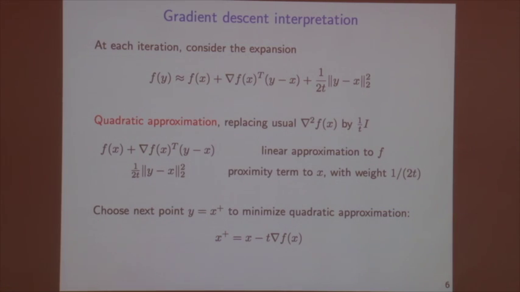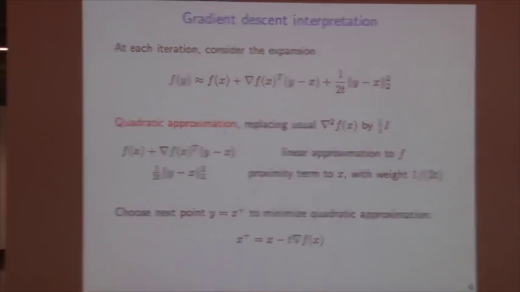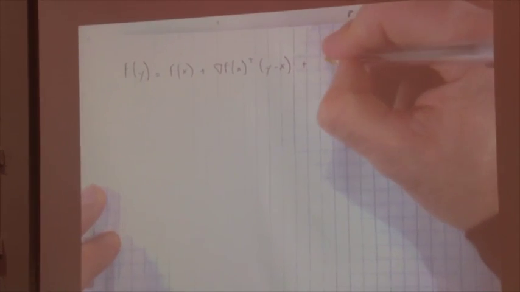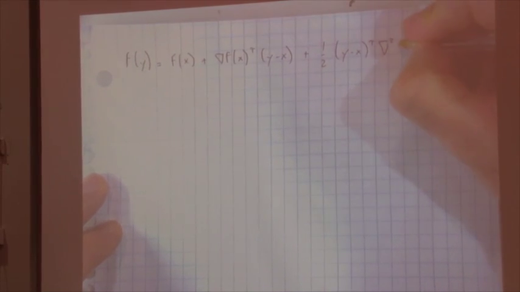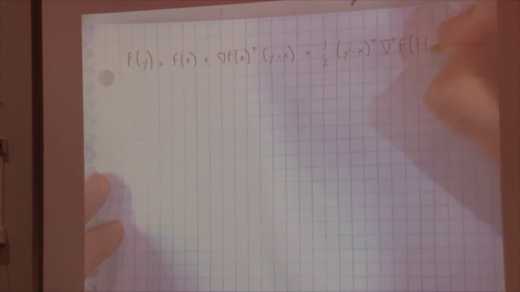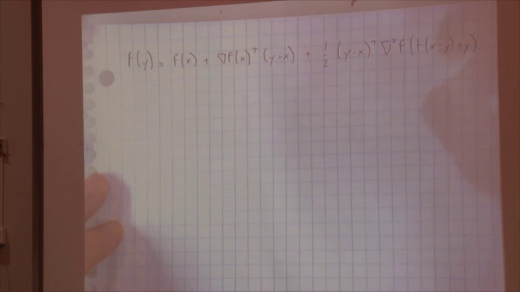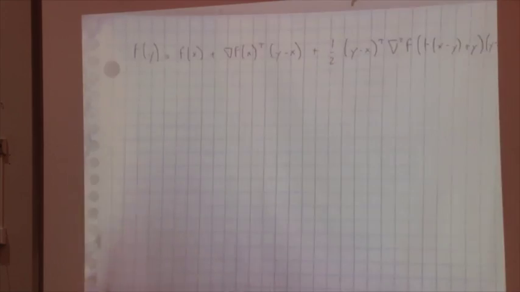Usually that would be f of y equals f of x plus the gradient of f at x transpose y minus x plus 1/2 y minus x transpose the Hessian of f at some point, some intermediate point on the line segment joining x and y, times y minus x. I'm assuming here implicitly that the function is twice differentiable for the moment when I write this expansion, but it's actually not necessary.